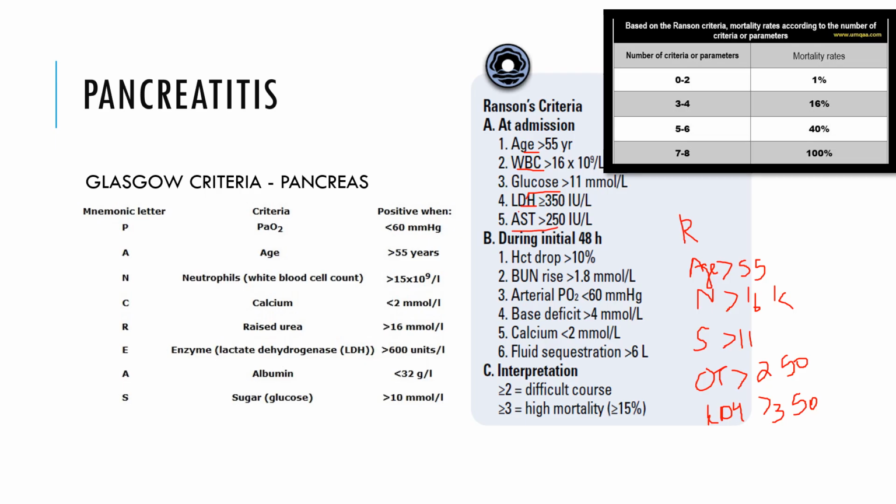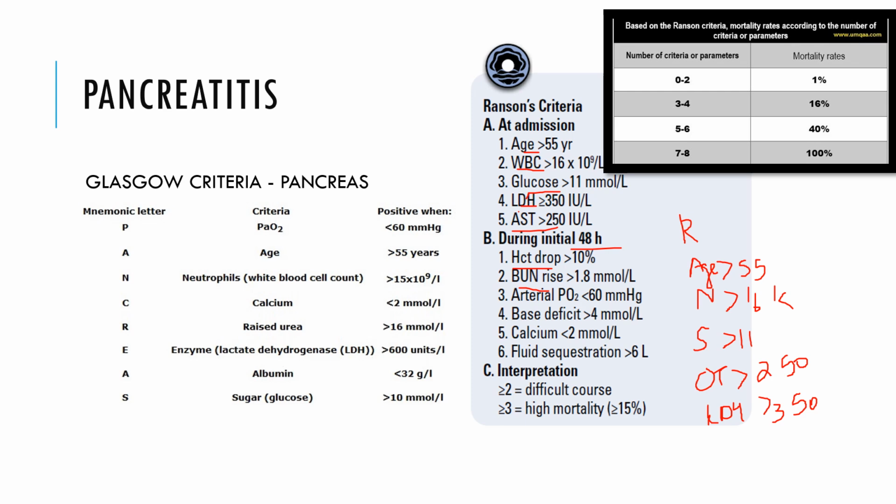Then during the initial 48 hours, at least remember what all criteria are there, because they can ask what is the prognostic indicator among the given following. So you have to know what all is included. You don't have to remember all of the values. You can remember there is hematocrit, a kind of dehydration status.